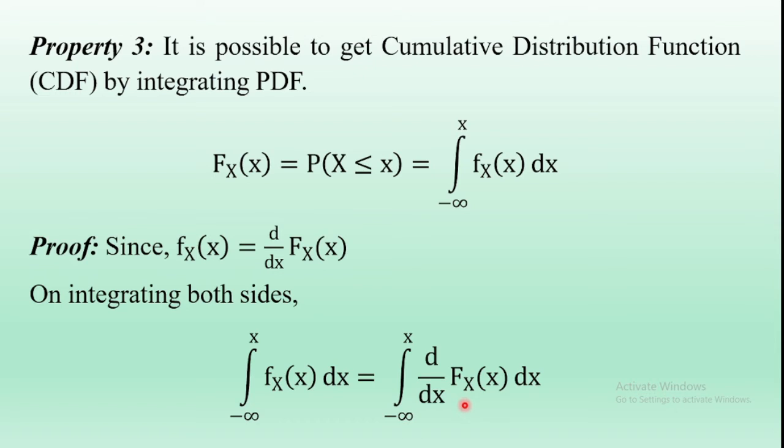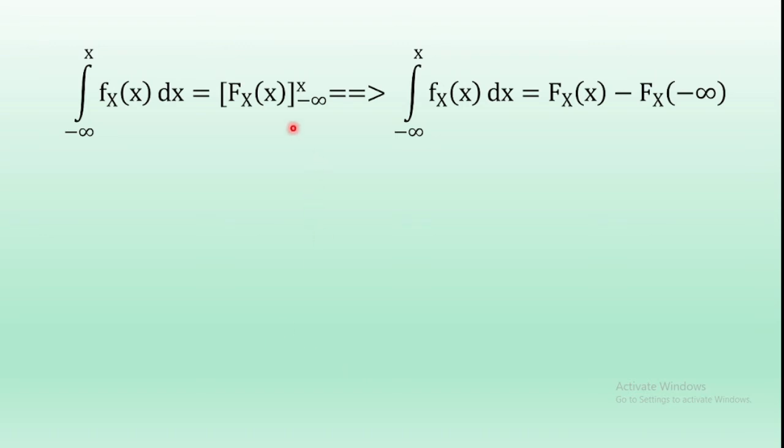After that, on the RHS side, integration and differentiation cancel. The remaining RHS term is the probability distribution function over the interval minus infinity to x, FX(x) over minus infinity to x.